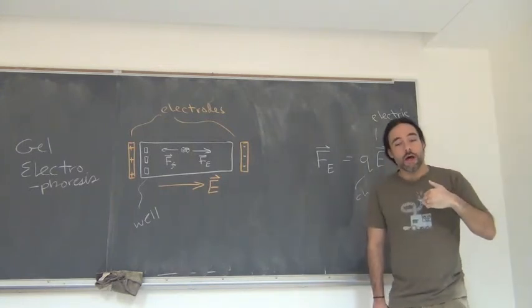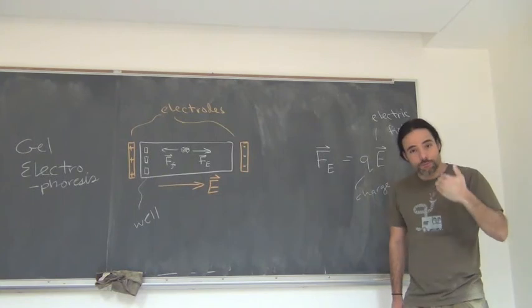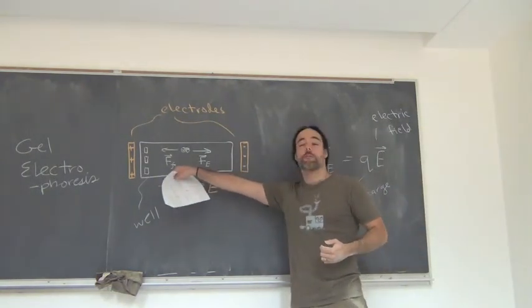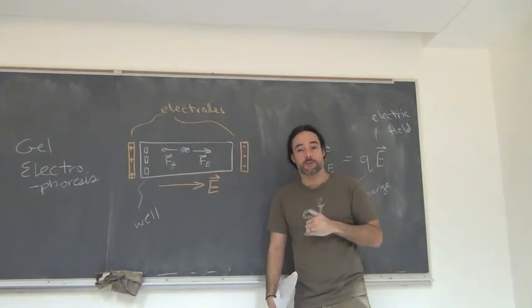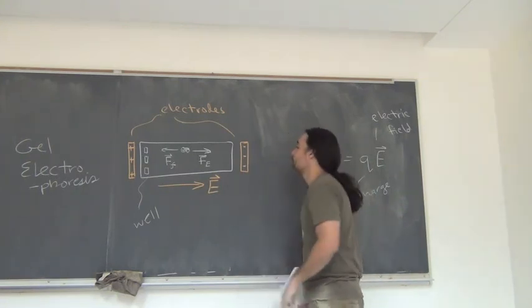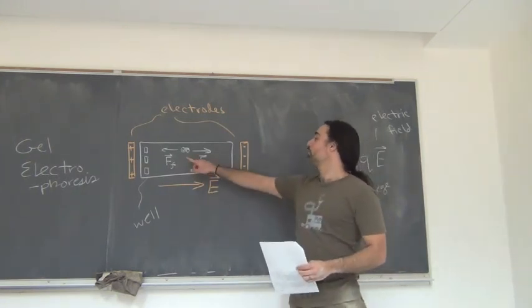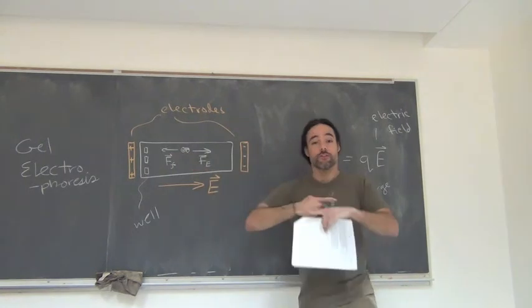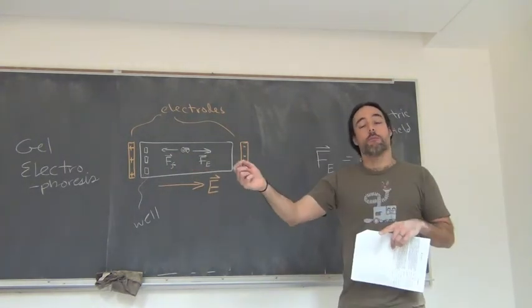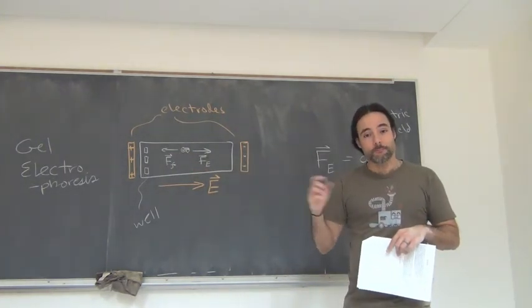There's also some sort of backwards frictional or drag force on the molecule, which will depend on how fast it's going, generally speaking. So that eventually these two forces start to cancel out. The molecule moves through at a certain rate.